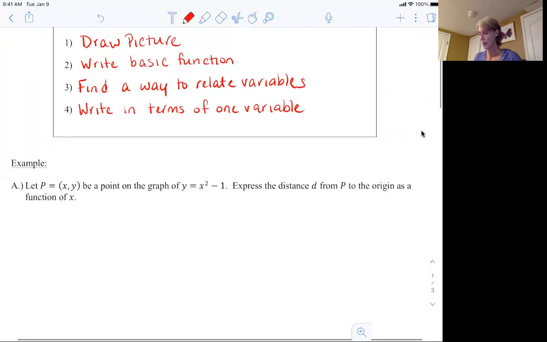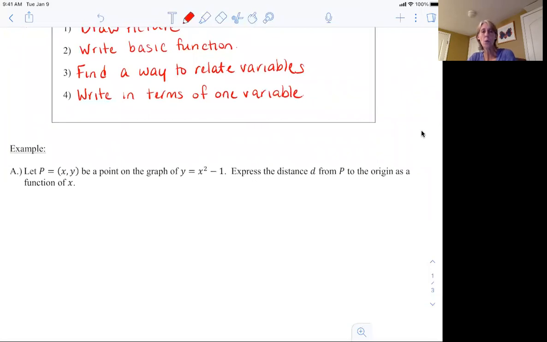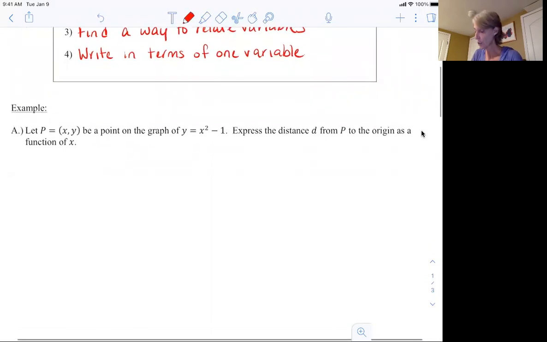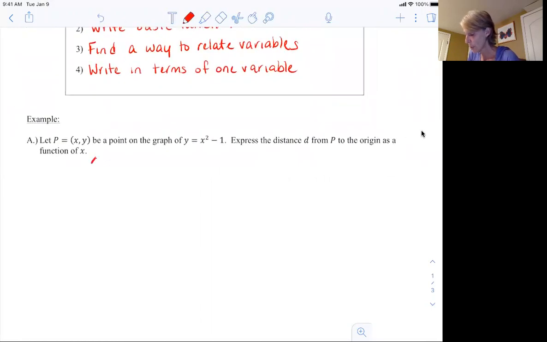In our first example, we're going to let P equal (x, y) be a point on the graph of y equals x squared minus 1. And then we want to express the distance d from P to the origin as a function of x. Okay. I did not include a picture of this just because I wanted us to come up with one in case you're ever in the situation that you have to do this. x squared minus 1, again, we should know, is a parabola shifted down 1 unit.